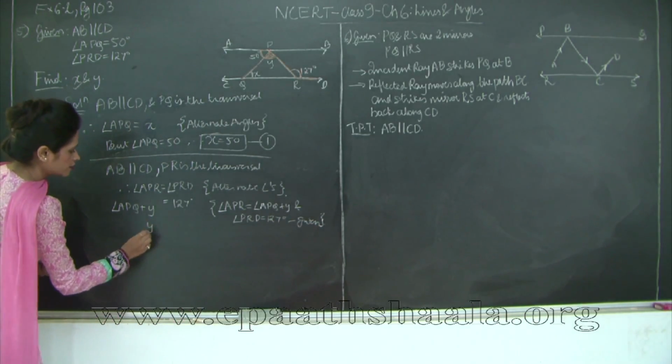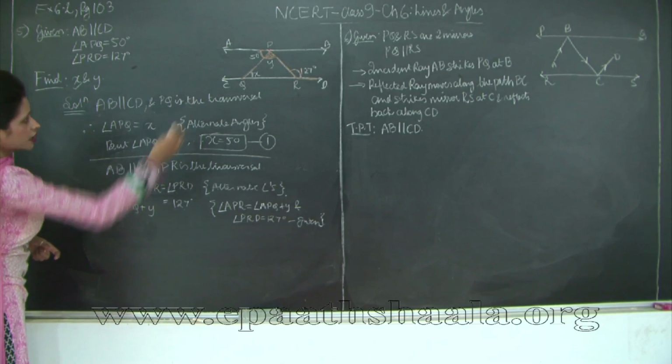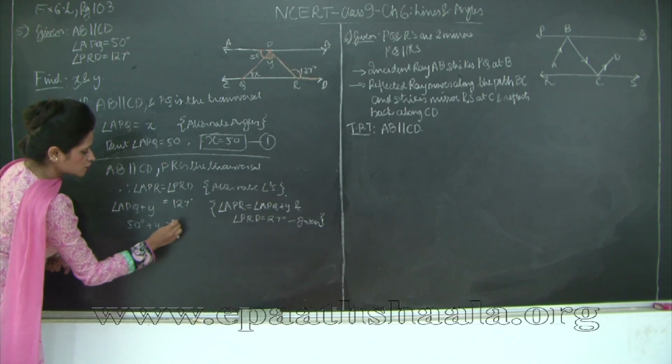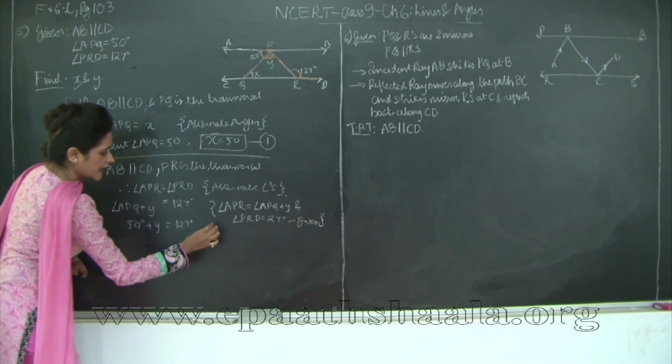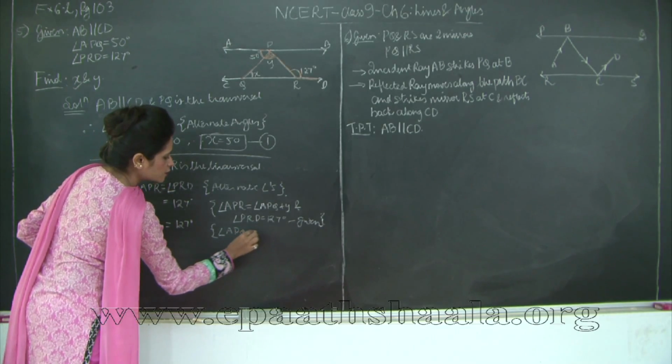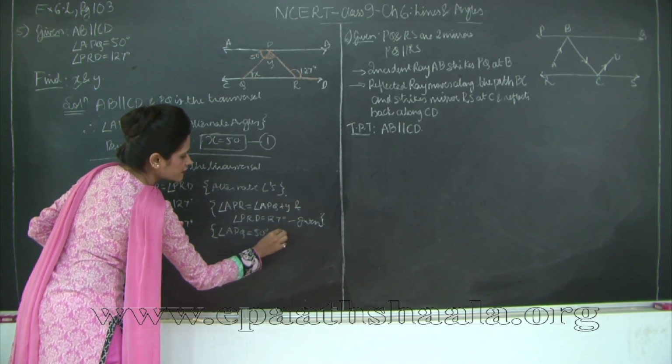So therefore Y will be, now APQ is how much? APQ is equal to 50 degrees, so 50 degrees plus Y is equal to 127 degrees, and here I will say that angle APQ is equal to 50 degrees, it is given.